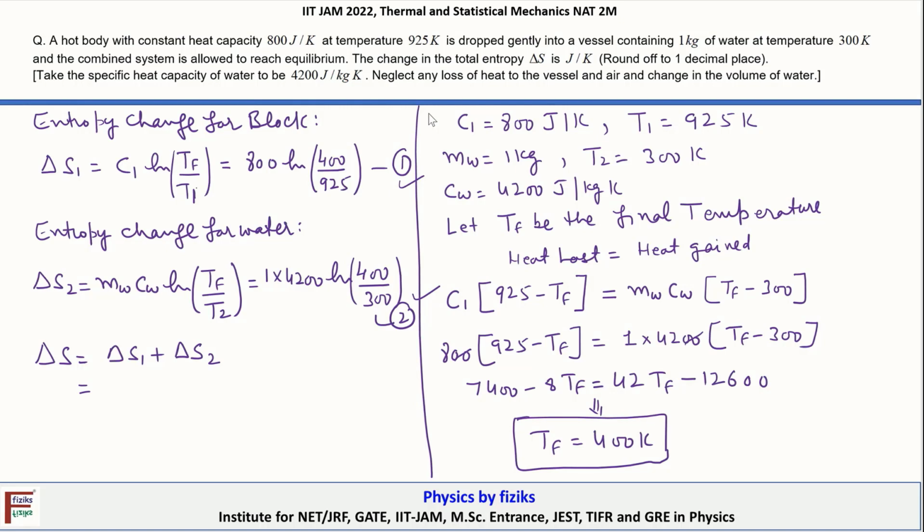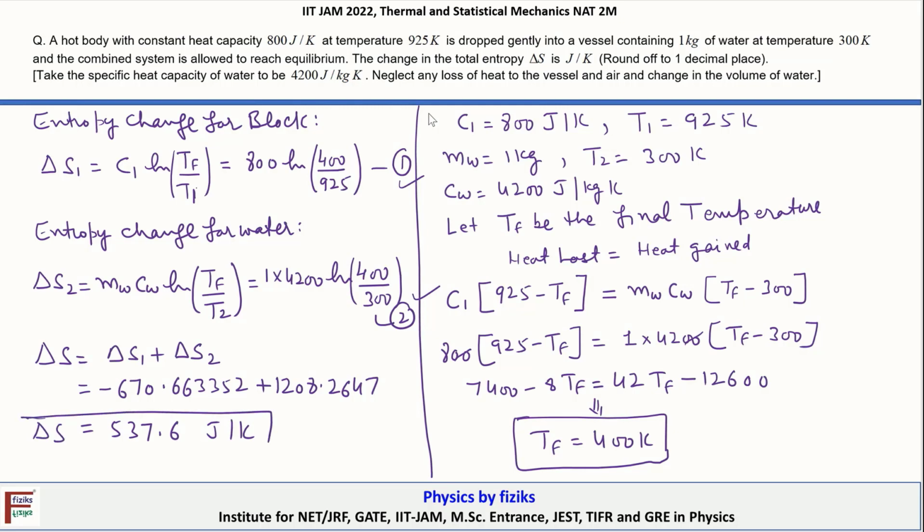Delta S1 will turn out to be minus 663.352, and then plus the value of delta S2, which comes out to be 1208.2647. After adding these two terms, we obtain 537.6 joule per Kelvin. So that's the corresponding entropy change for the composite system. Therefore our final result is this number.